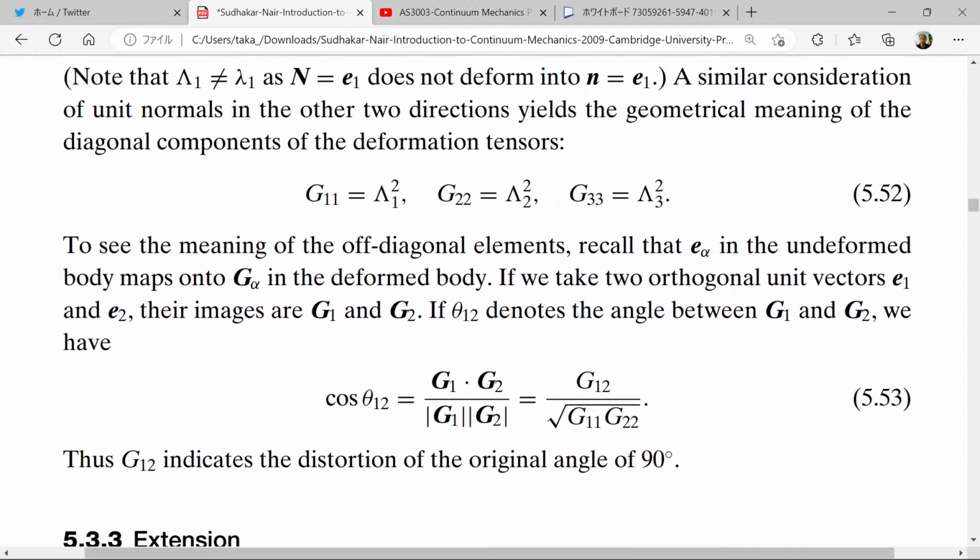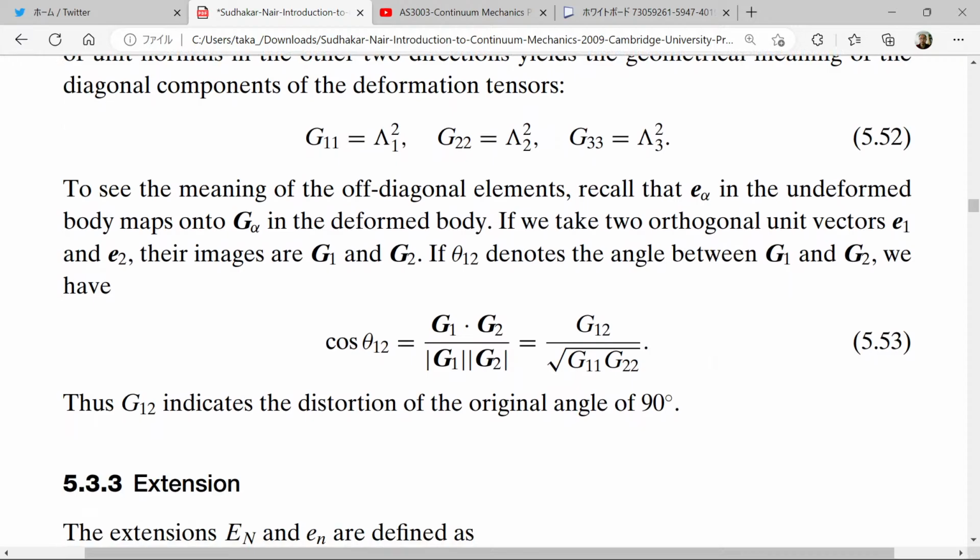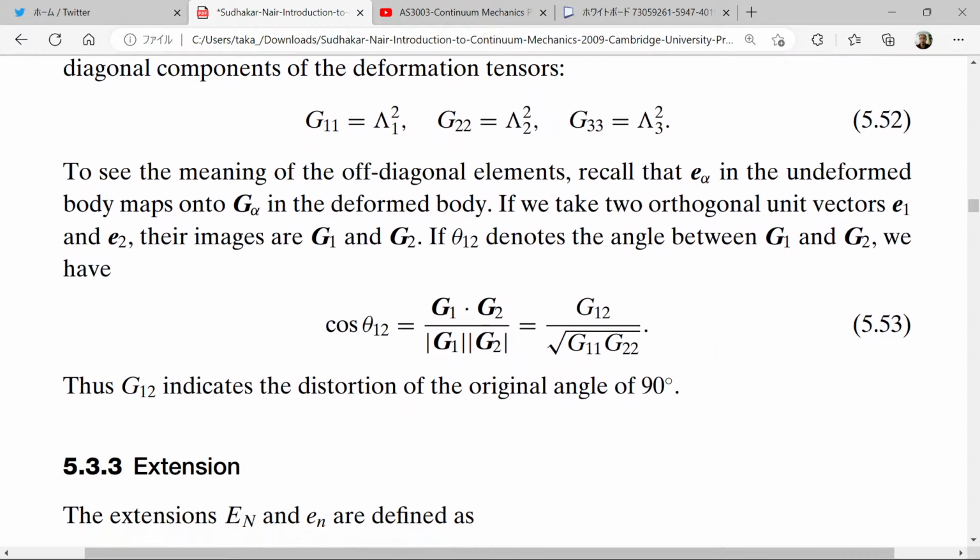To see the meaning of the off-diagonal elements, we recall that E alpha in the undeformed body maps onto G alpha in the deformed body.